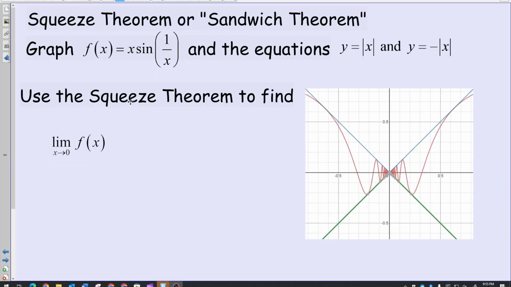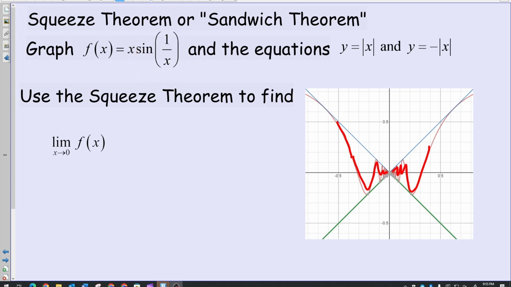In this problem, it says use the squeeze theorem to find the limit as x approaches 0 of f of x. Here f of x is x sine 1 over x, and that's this red function right here. This is kind of like the crazy oscillation function, but not quite, because it's being multiplied by x, which moderates this crazy oscillation a little bit right here at x equals 0.